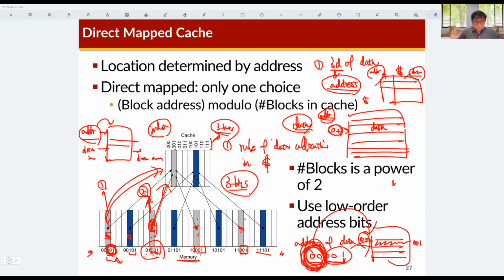If we just know the location of the data inside of a cache, then we know the index number, and this index number is identical to the lower part of the address. So we don't need to store this part. But the upper part of the address should be stored, and we need to use this upper part of the address to identify data in cache.